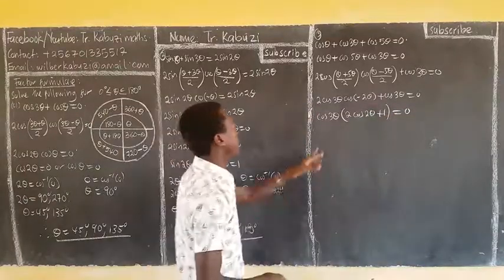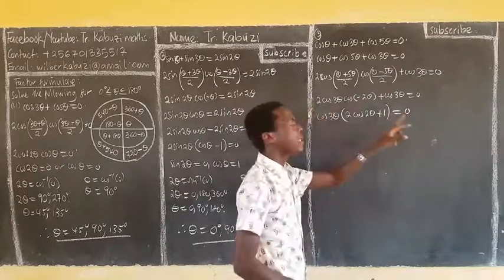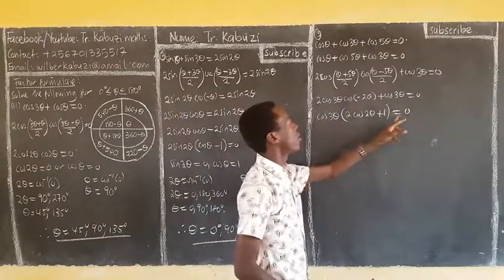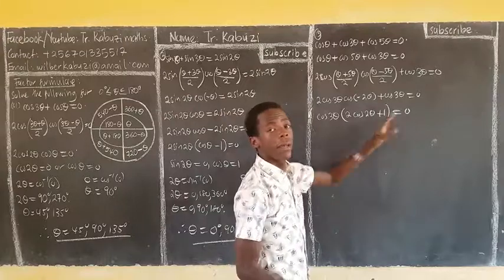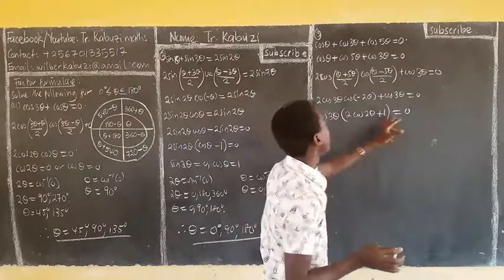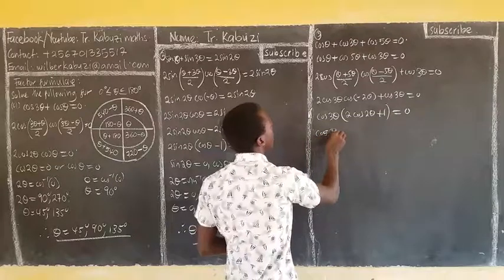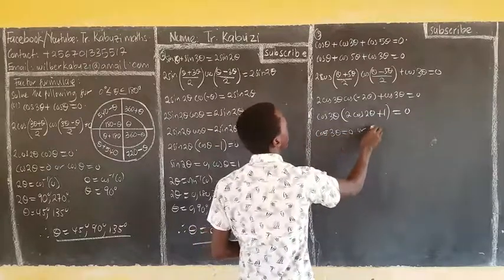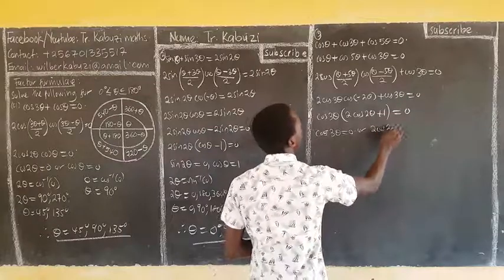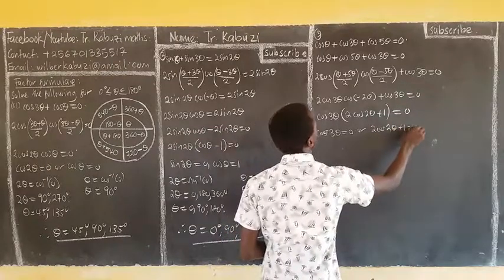And from there, either this is 0 or this is 0. If this is not 0, that one can't work. So either cos 3 theta is 0, or 2 cos 2 theta plus 1 is 0.